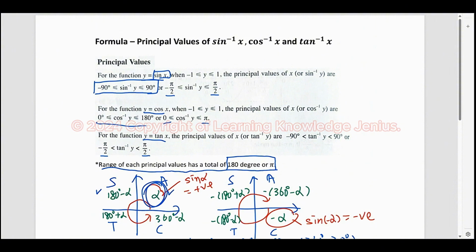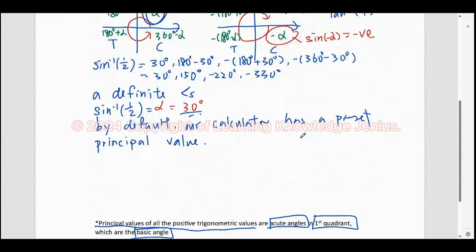For example, half, or inverse cosine of square root 3 over 2: because they are positive, it will give you the answer as the basic angle. This is something common you can take note of.